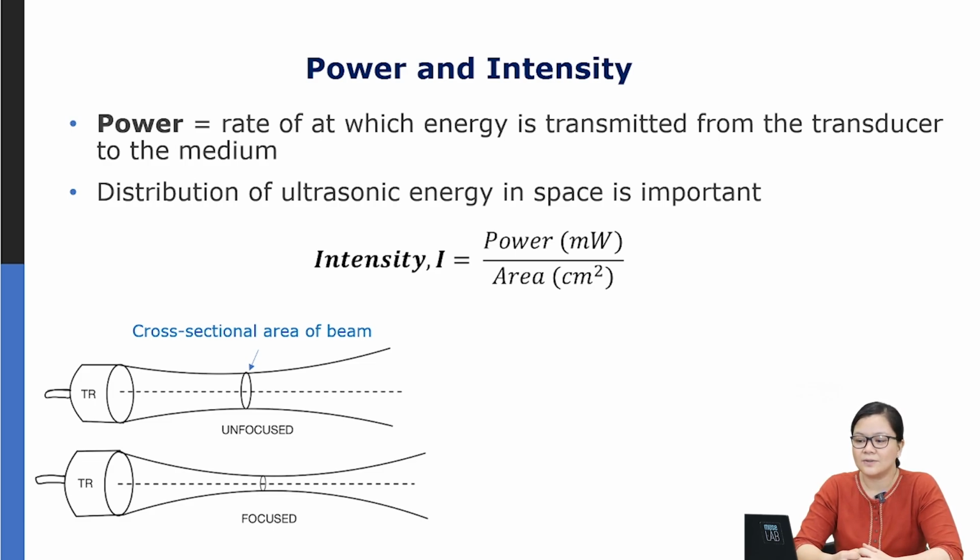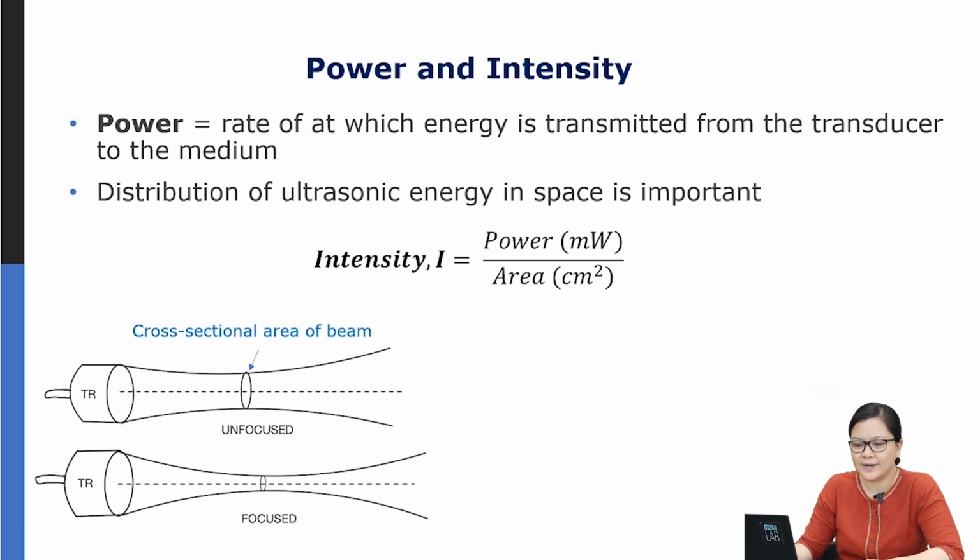So in this case, the intensity parameter becomes quite important, and intensity equals the power divided by the cross-sectional area of the beam. Typically, the power is in units of milliwatts, and the area is in terms of centimeters squared. So intensities are usually reported in terms of milliwatts per centimeter squared, or in some cases, watts per centimeter squared.